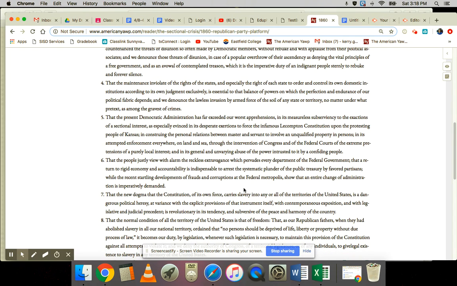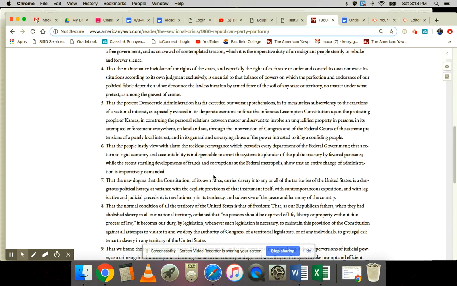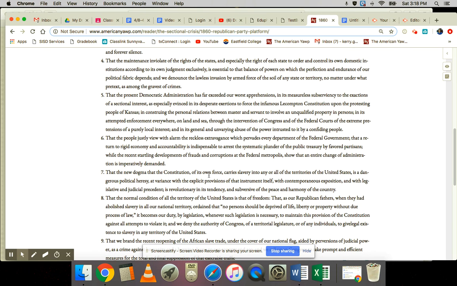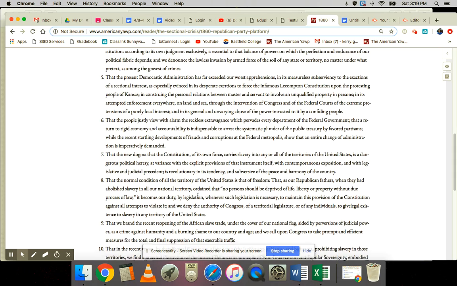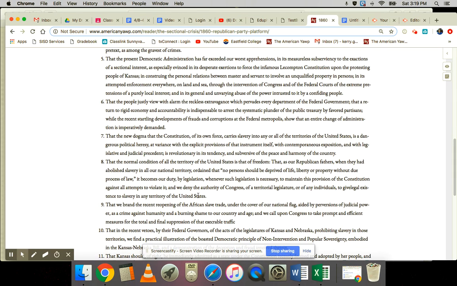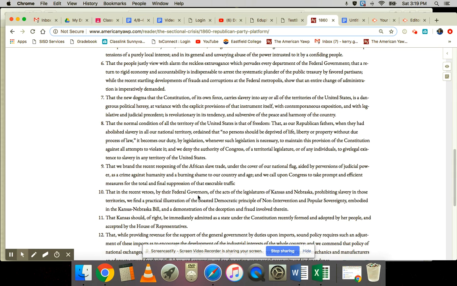And they talk about how what we need to do is get rid of corruption. They see the government as being horribly corrupt. That the Dred Scott decision has violated the essential beliefs that result in the harmony of the country. This idea that slavery can be taken anywhere challenges the question of slavery in new territories.